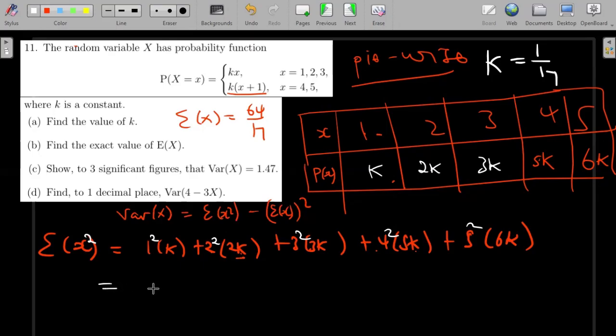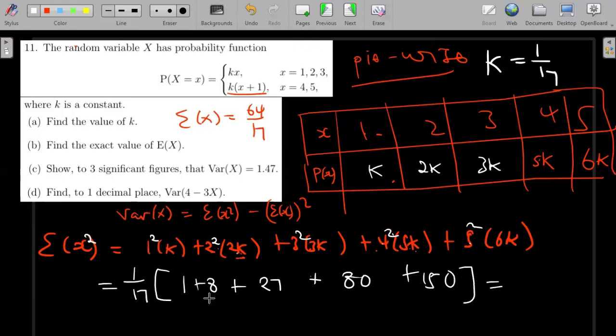So I factorize the k, which is 1 over 17. What I'll remain with is 1 squared, which is 1, plus 2 squared multiplied by 2 to be 8, plus 3 squared is 9, multiplied by another 3, that will be 27, plus 4 squared, which is 16, multiplied by 5, that will be 80, plus 5 squared, 25, multiplied by 6, which is 150.